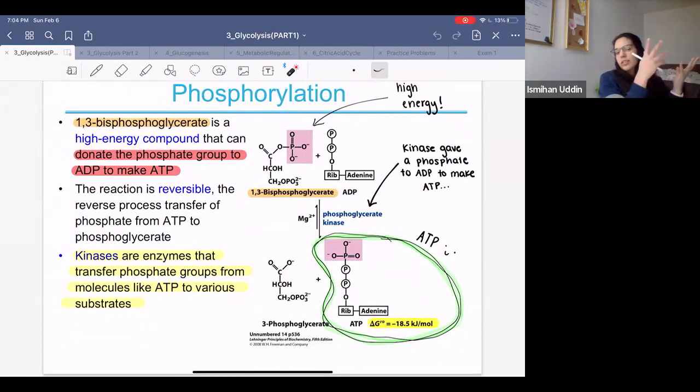We talked about this. Whenever you say kinase, there's a phosphoryl moving around with ATP. And look, our first ATP is made. Very happy. Lots of energy. Payoff. Big payoff. Phosphoglycerate kinase is what's making that happen.